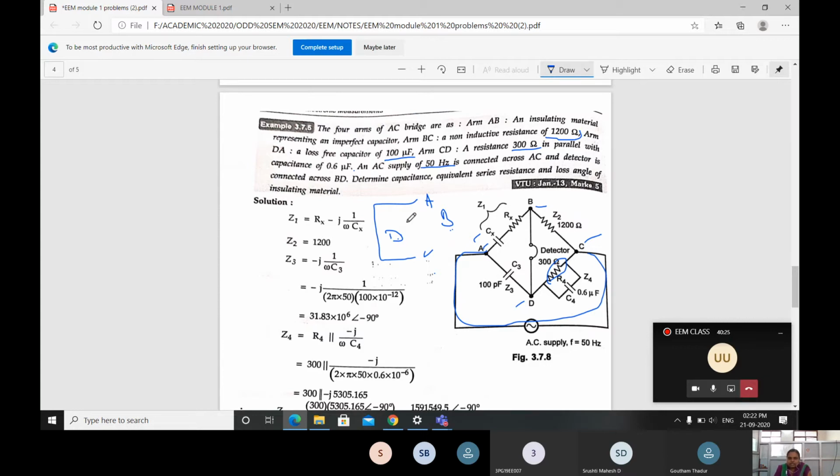And a detector is connected across BD. Determine the capacitance, equivalent series resistance and loss angle of the insulating material. This was once asked in the examination for 5 marks. We will erase this part, all that was drawn.